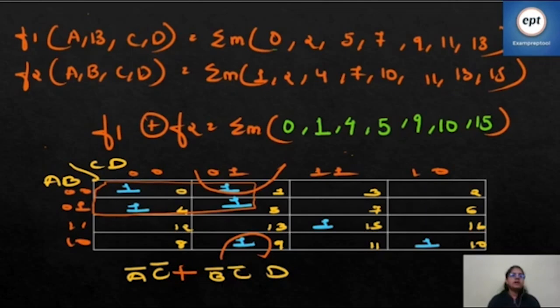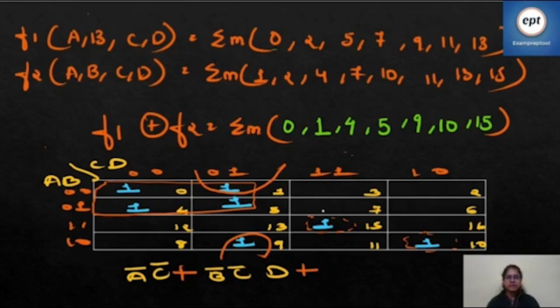Now as you can see, here you can't make any group and here also you can't make any group. So these two are the ones where no group is possible. If an 8 element group is not possible, we will come to a 4 element group. If a 4 element group is not possible, we will come to a 2 element group. And if a 2 element group is not possible, we will come to 1 element.